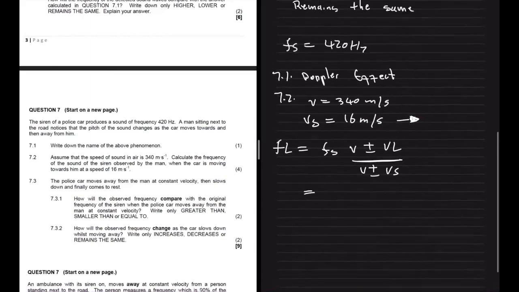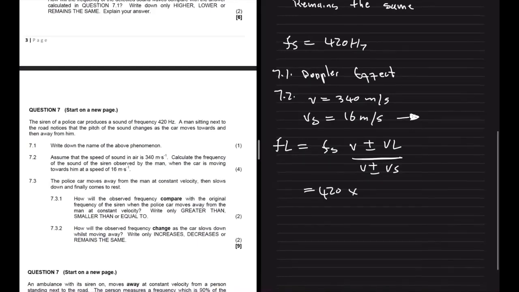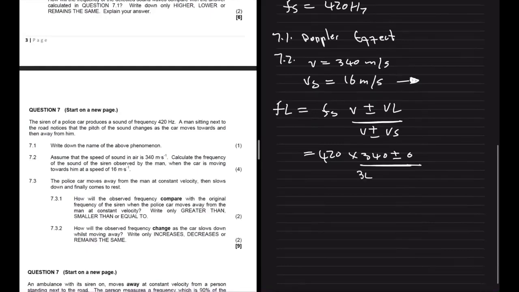Frequency of source, we already wrote it down: 420 Hz multiplied by the speed of sound in air, which is given as 340 plus or minus 0. The observer is stationary. 340. Because it is moving towards, on the denominator we have a minus. If it was moving away, then we'd have a plus. So that is minus 16.